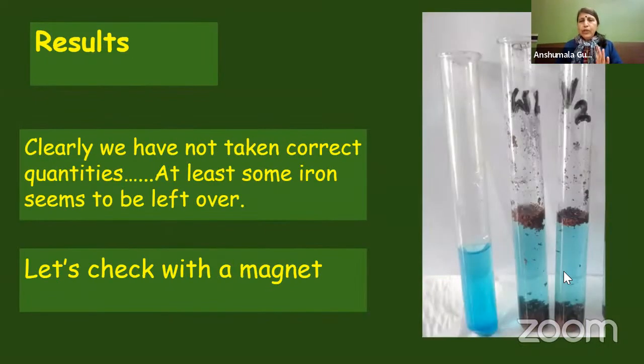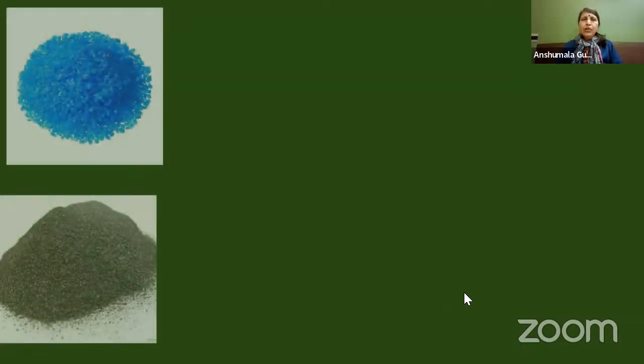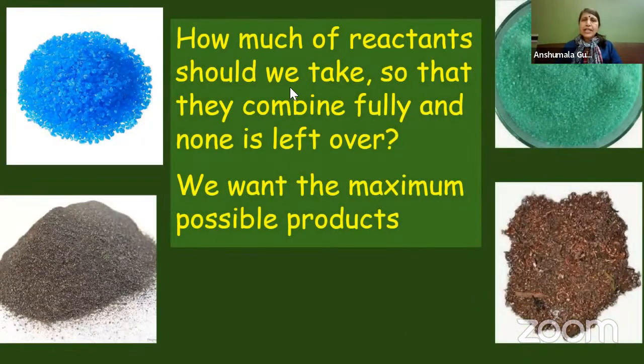So when we took equal volumes and equal weights, we did not have good results. So now the question is, what should we do so that the maximum of this gets converted to the maximum of that? I mean, so that we get the best results.